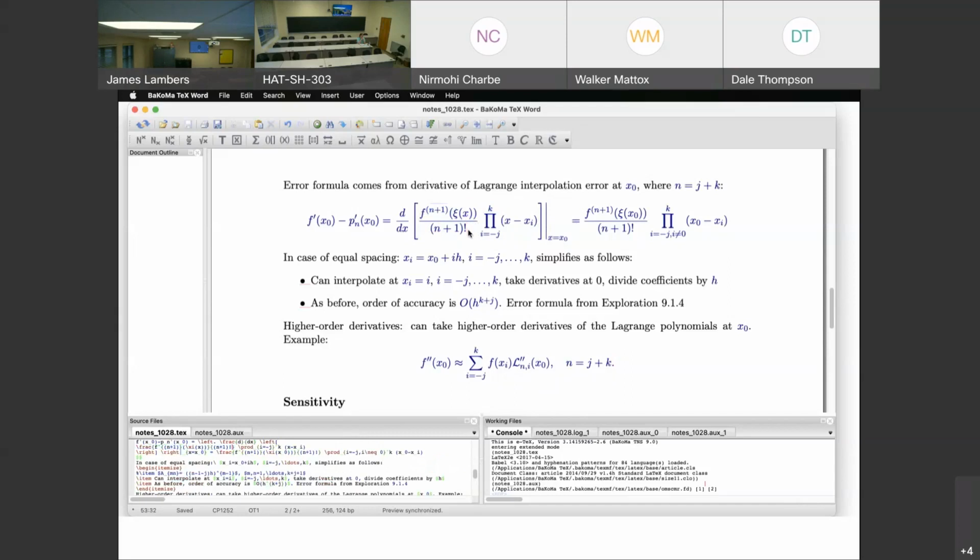But you can always just rely on Taylor expansion to get an error formula that way, because everything works out the same anyway. Some of the explorations in this section that I did not assign, and which you can be thankful for, explore certain other approaches to getting error formulas in certain cases that involve a lot of trickery.